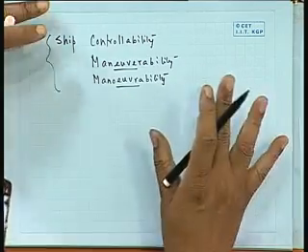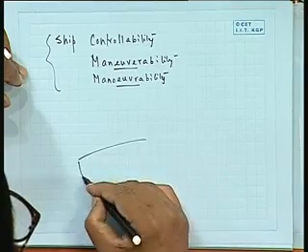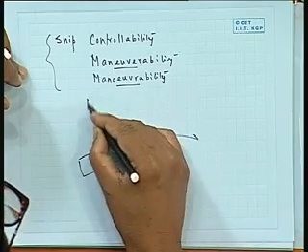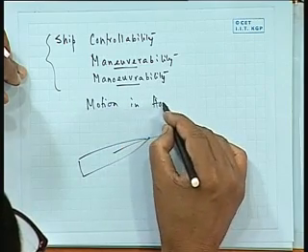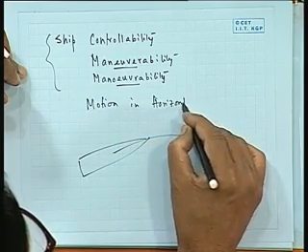We are going to be discussing this part of the ship behavior, which is related to maneuvering, controllability, course keeping, etc. Everything related to a ship trying to move in the horizontal plane.